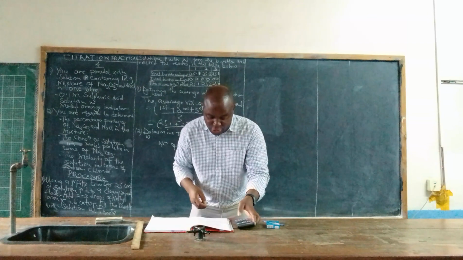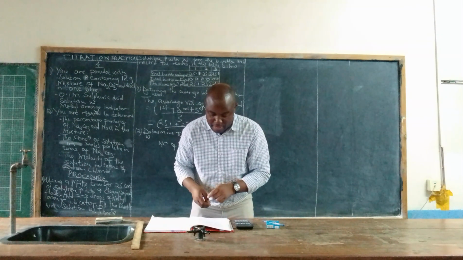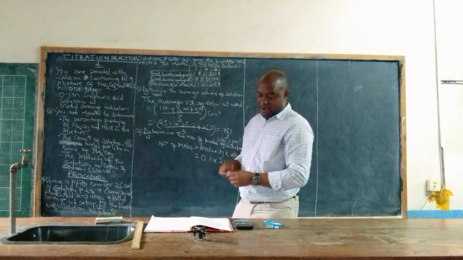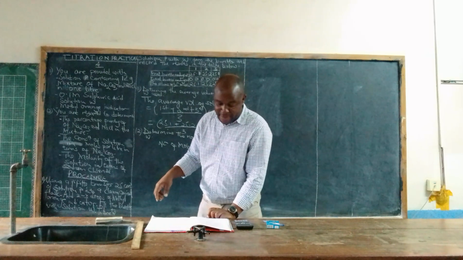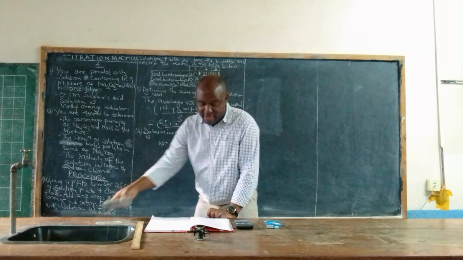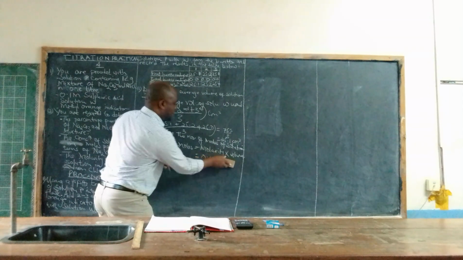Sorry, the molarity is supposed to be 0.1, we multiply by the volume, and then we divide by 1,000.